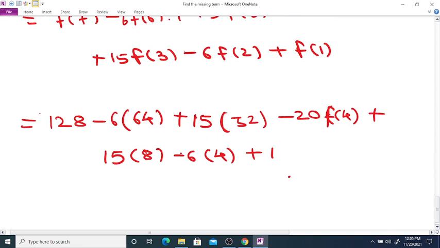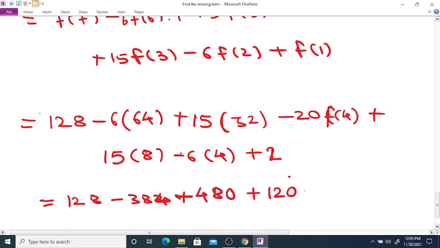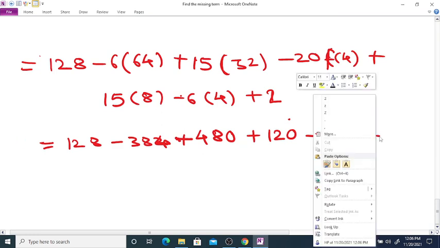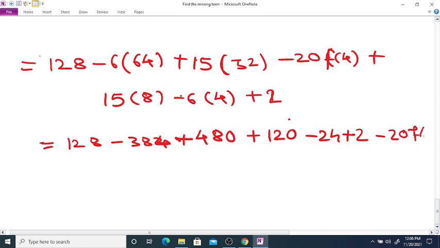Now if you simplify this, it is equal to 128 minus 384 plus 480, then plus 120 minus 24 plus 2, minus 20 f of 4.